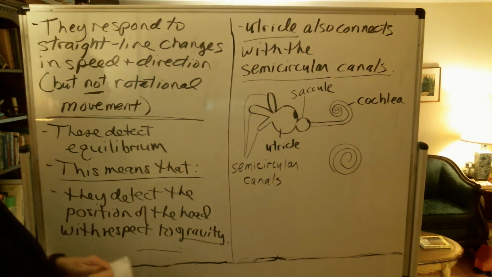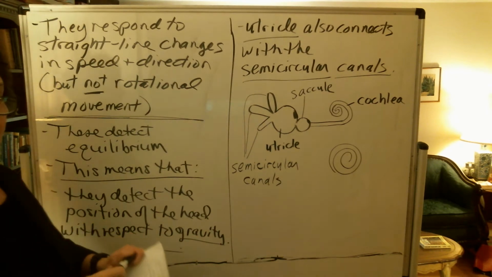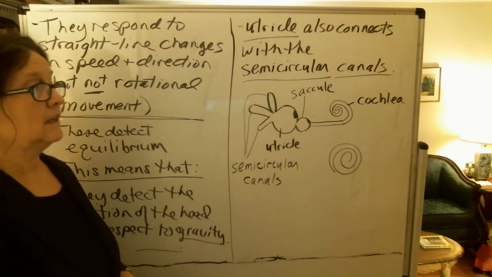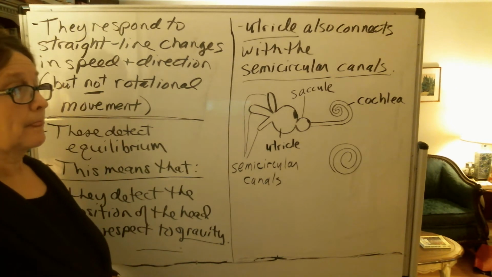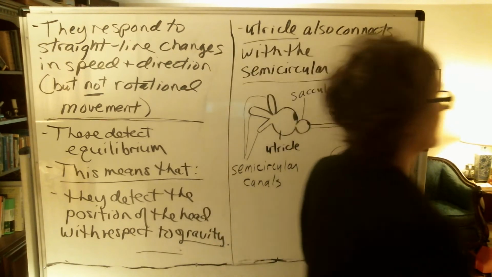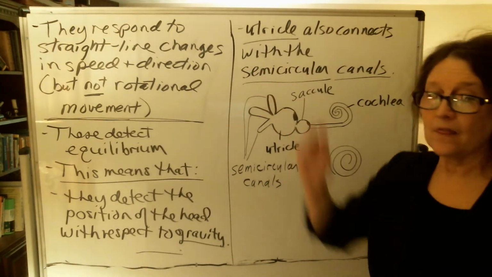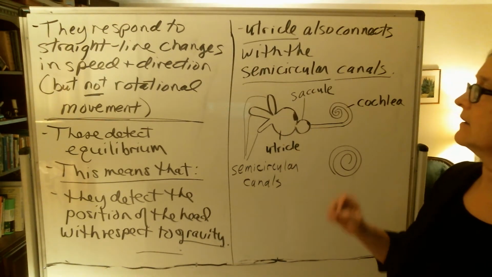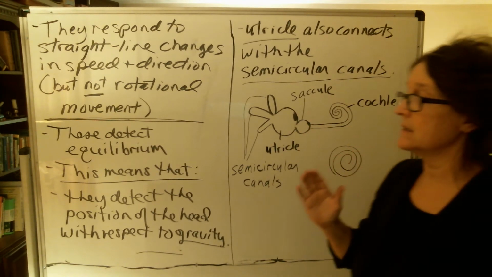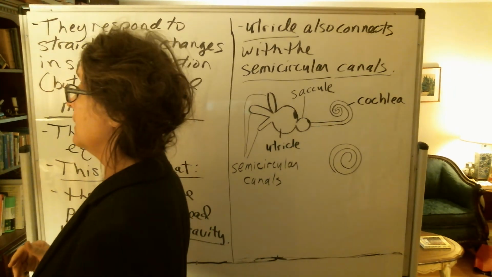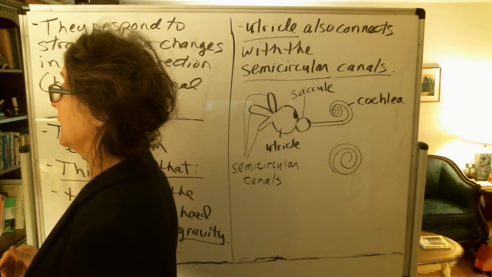Okay, what did I just say? It goes like this. If I'm standing here and I'm now going to make a change in my speed, I just did that. That would have been picked up by my maculae. I was walking in a straight line and my speed suddenly changed. I stopped, I started, I stopped again.